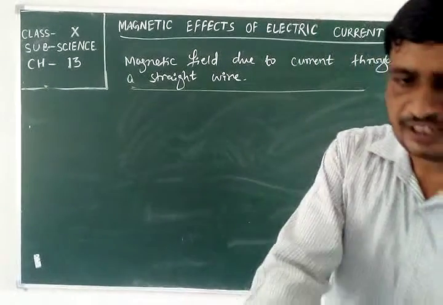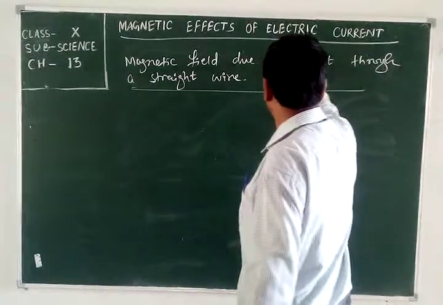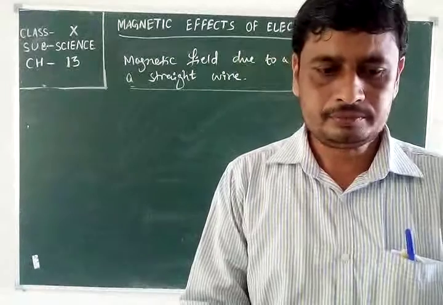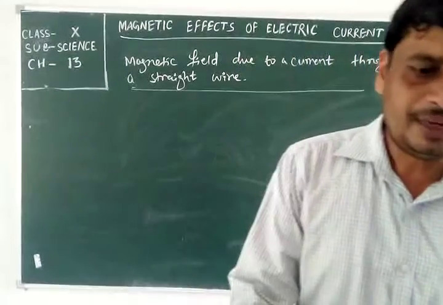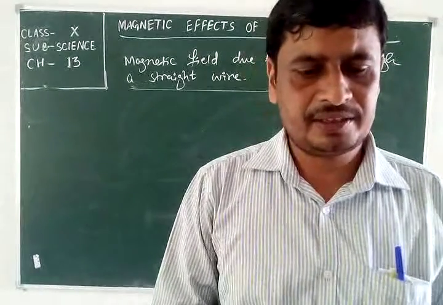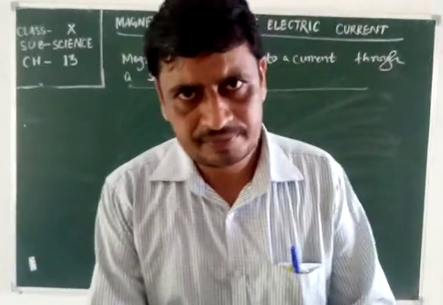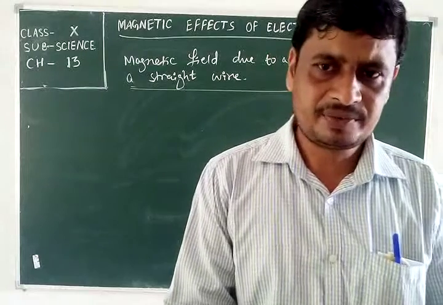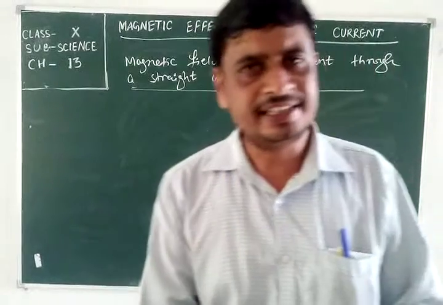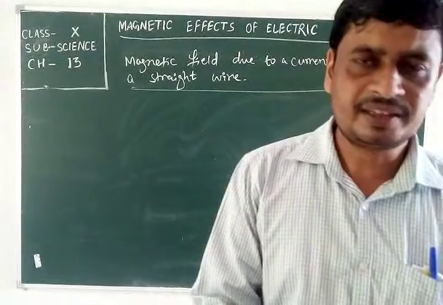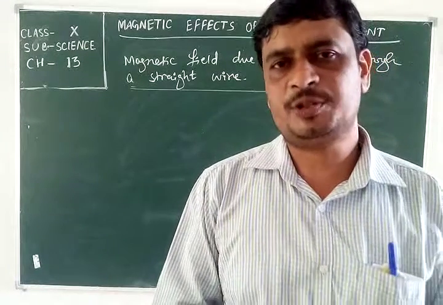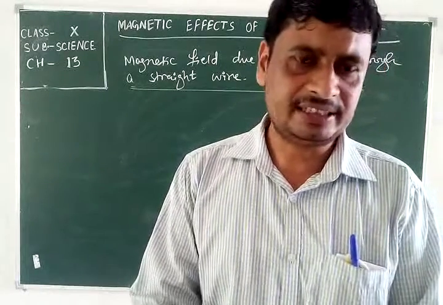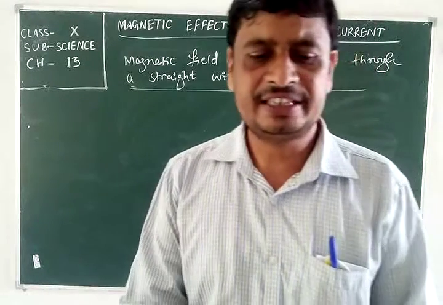Magnetic field due to a current through a straight wire. Now we have to take a battery, a variable resistance that is also called a rheostat, an ammeter which is used to measure the electric current flowing through the circuit, a plug which helps to turn on or off, or open or close the circuit, and a long straight thick copper wire.